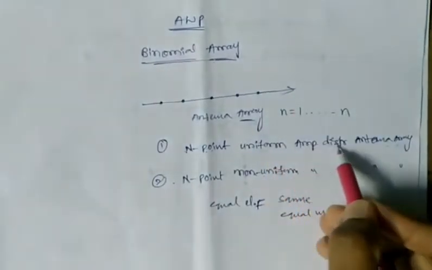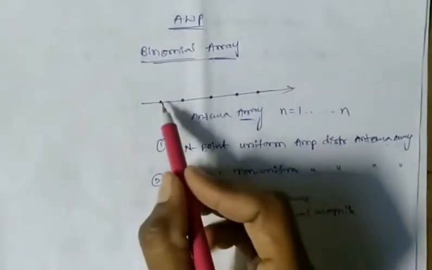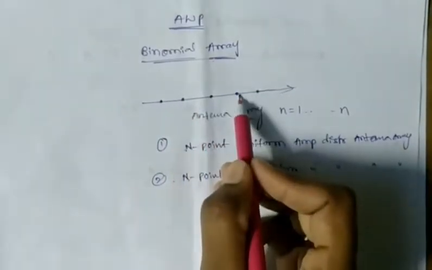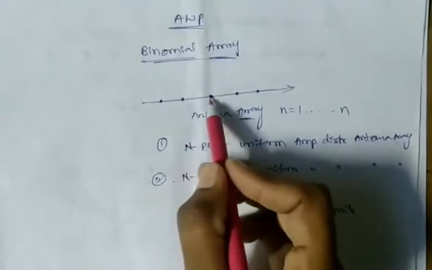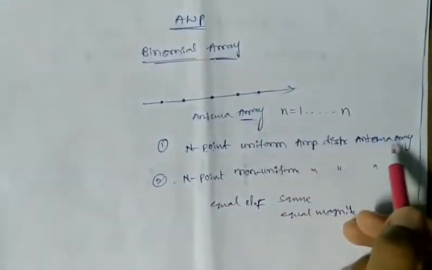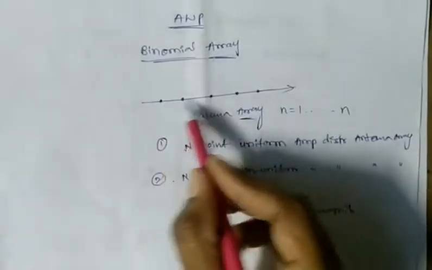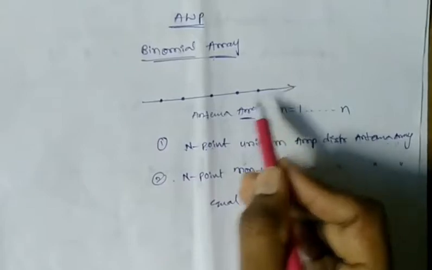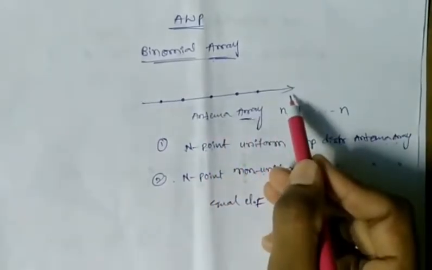So what is the uniform amplitude distribution? It means all the n elements in the antenna array carry equal currents and produce equal electric field. That is nothing but a uniform amplitude distribution antenna array. Means all the elements carry equal currents with equal magnitude.